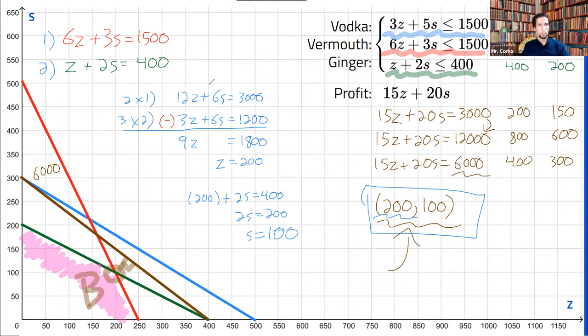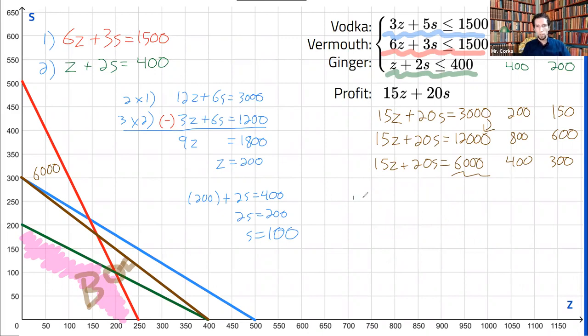So that's the exact point. And then we are being asked to find the maximum profit. So what's the last thing that we should do? Substitute the coordinate into the profit equation. Okay, good. So let's just erase this, and I'll put this over here.